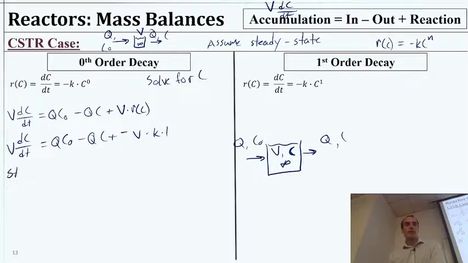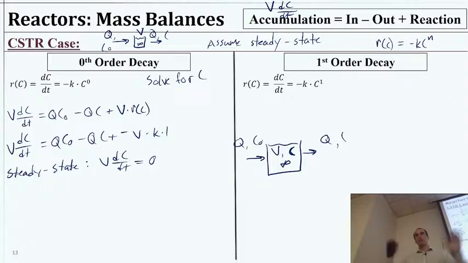Steady state means that even if we're changing the amount of C in the water, the total mass of C in our reactor is staying steady. We've been doing the same process for some time, so we're not accumulating or increasing or decreasing the total amount of C in our reactor. So that means V dC dt equals 0 because there's no change over time in C within that control volume that we defined.